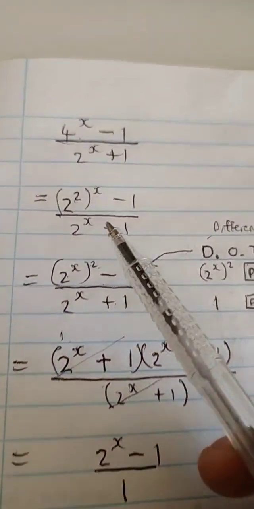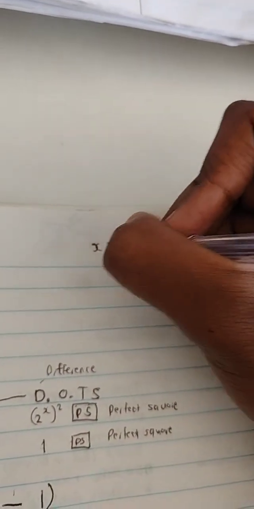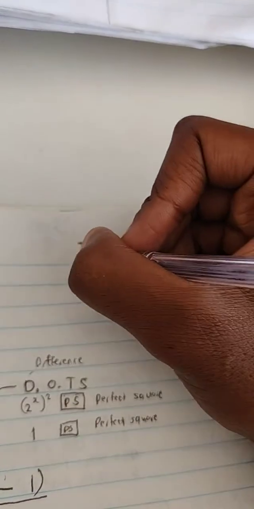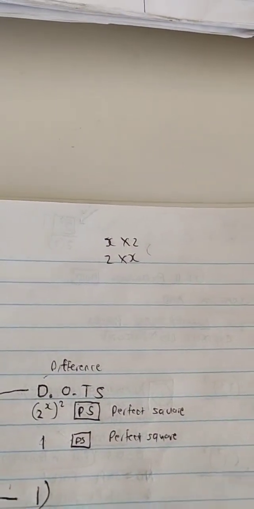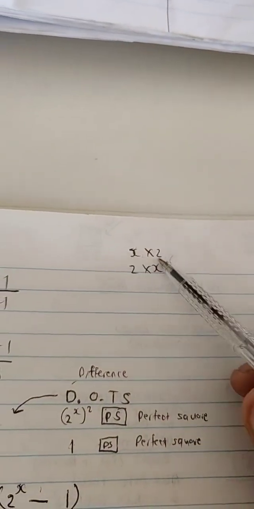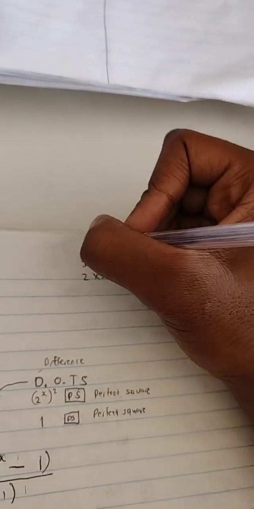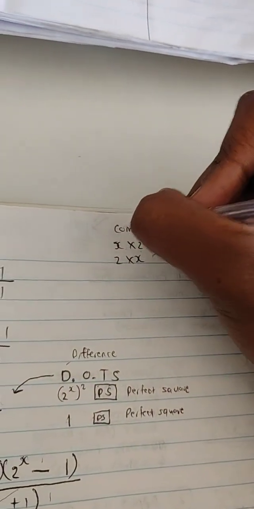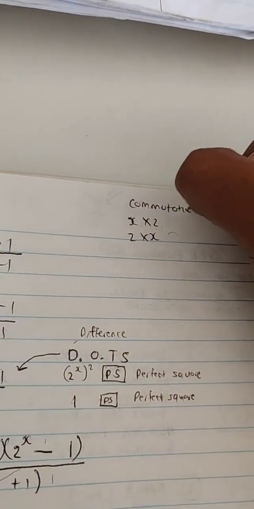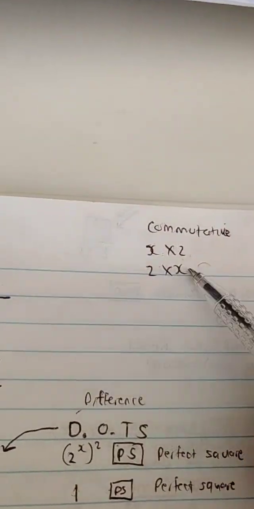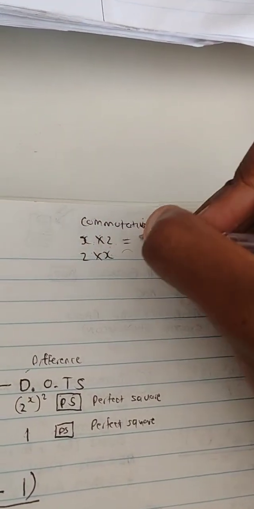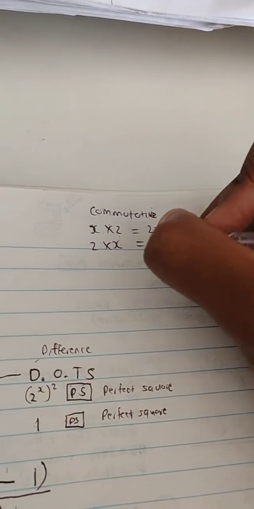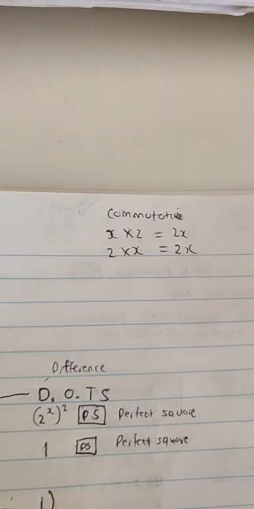Kombi zikalala, why exchange the exponent? Because in mathematics we learn in grade 8 that when we multiply two things, multiplication is commutative. The order in which you place things that are multiplied does not matter. x times 2 and 2 times x gives me the same answer.